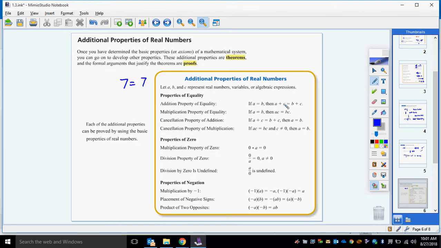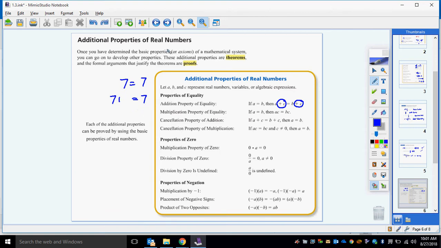If 7 equals 7, then I can add something to the left side, and if I add that same something to the right side, it's still going to be equal. So I have 7 equals 7, and I add 1 to the left, and I add 1 to the right. Are these still equal? Yeah, I have 8 and I have 8. They're still equal. So if we add the same thing to both sides, my equal sign is true.